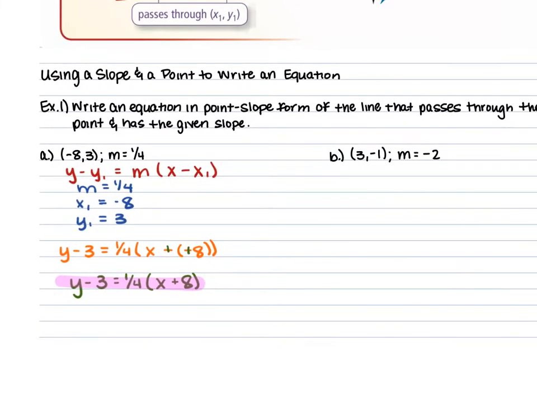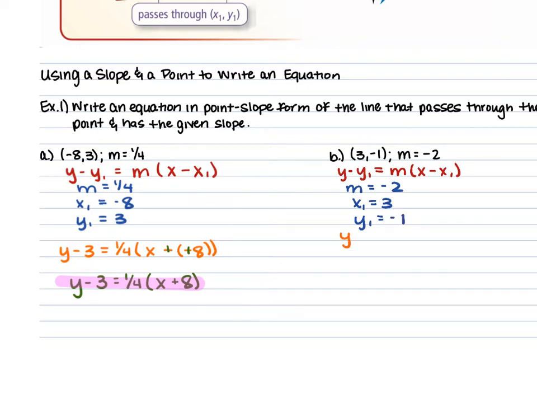For B, we're given the ordered pair 3, -1 and a slope of -2. So again, we're using y minus y1 is equal to m times x minus x1. In this case, your m is -2, your x1 is 3, and your y1 is -1.